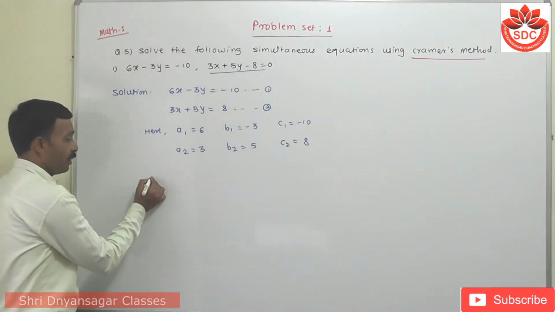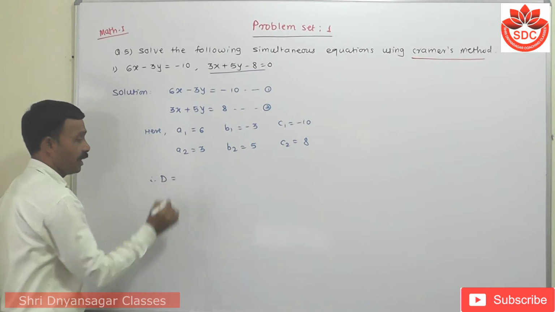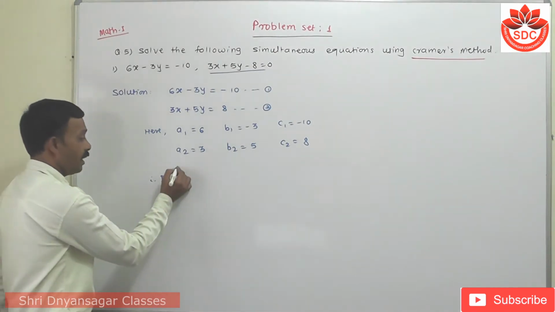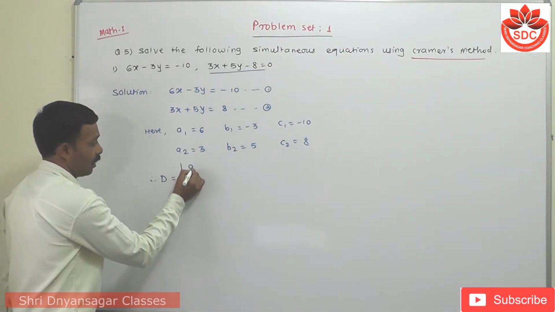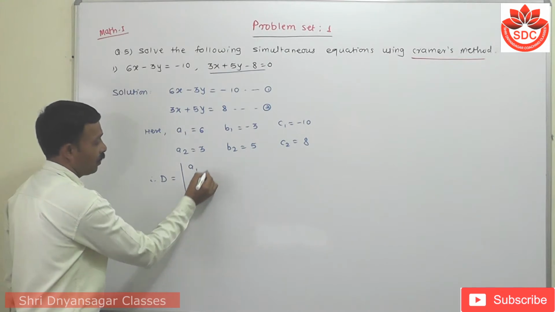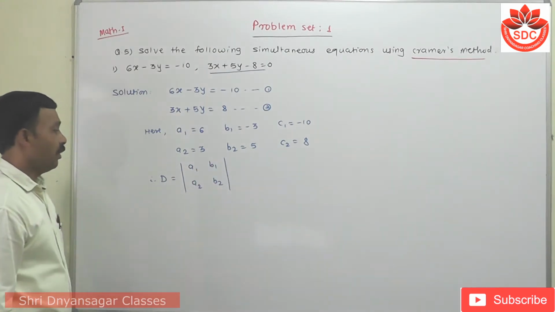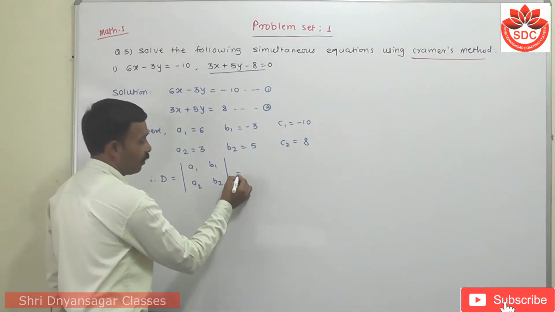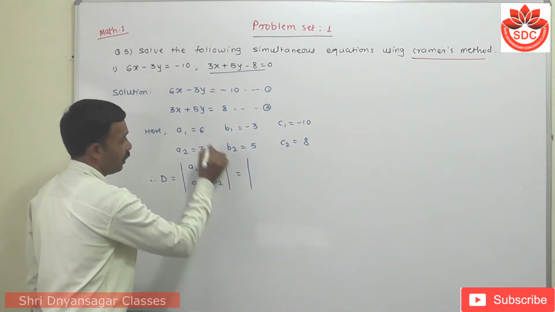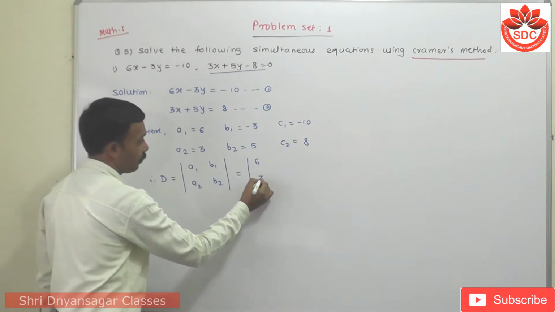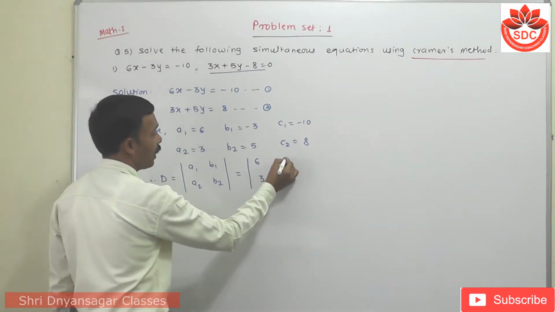Then we can find out the value of d, means the determinant. The formula is a1, a2, b1, b2. Now we substitute the values: a1, a2 is 6 and 3, b1, b2 is minus 3 and 5.